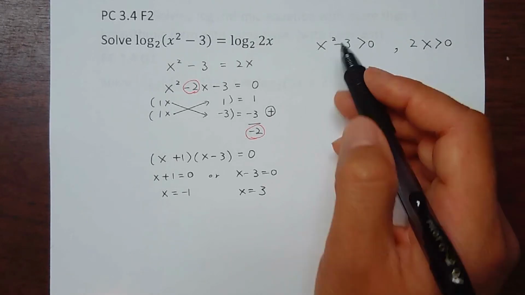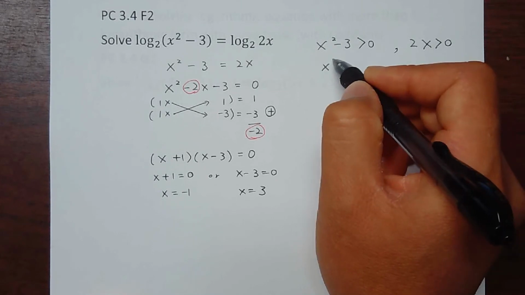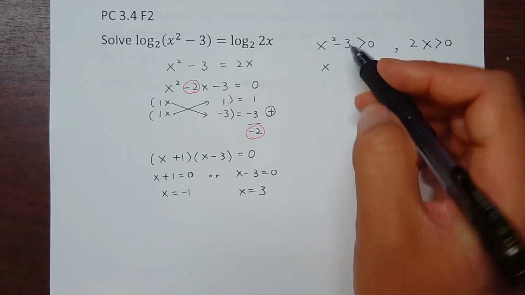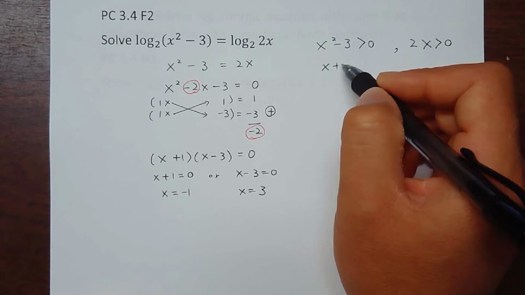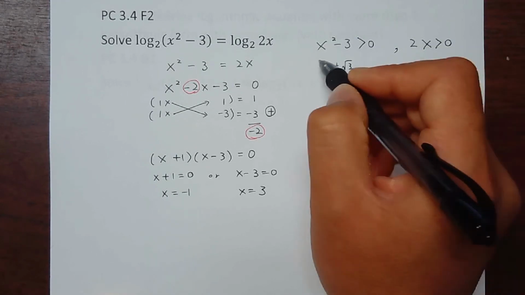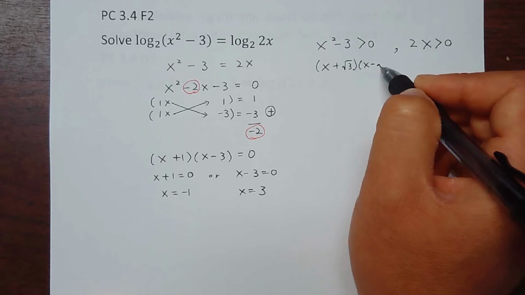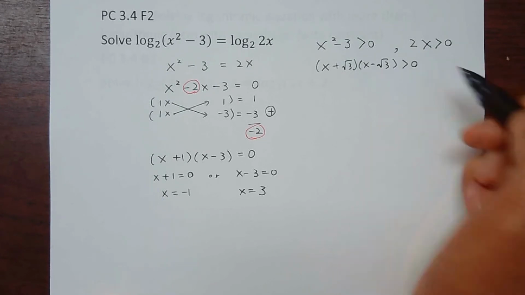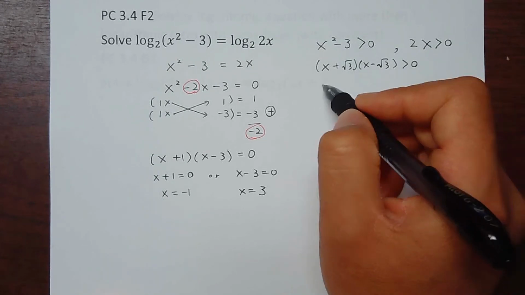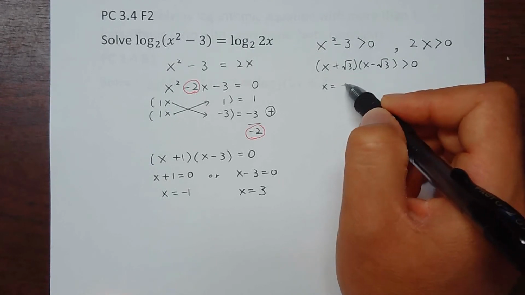Solving for this, x squared minus 3 factors as x plus square root of 3 times x minus square root of 3 is positive. So you get two zeros, x equal to plus or minus square root of 3.